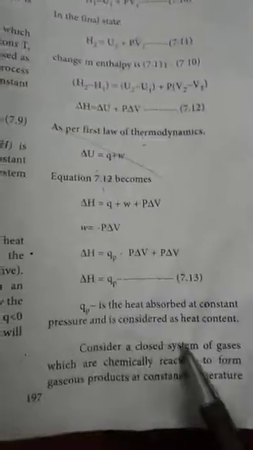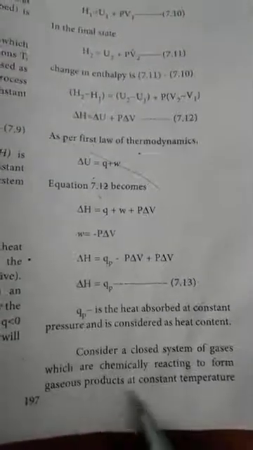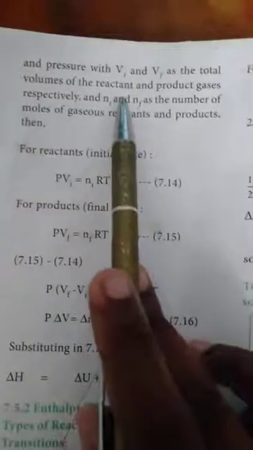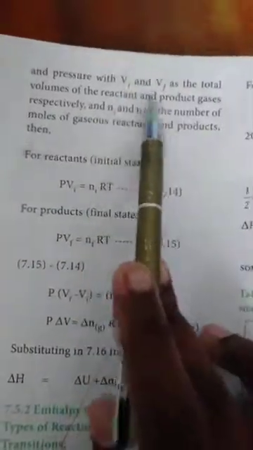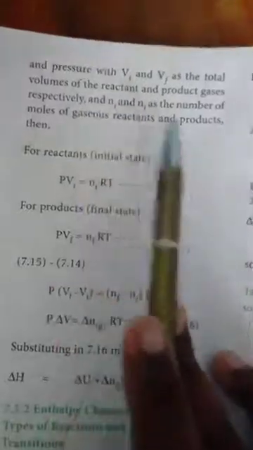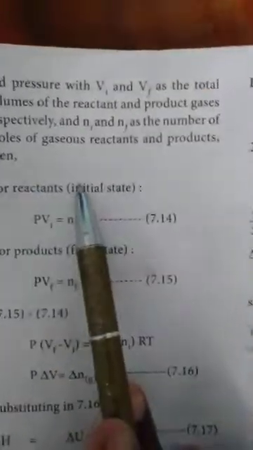Understand? Then next, consider a closed system of gases reacting to form gaseous products at constant temperature and constant pressure. They give Vi and Vf as the total volume of reactants and products, Ni and Nf as the number of moles of reactants and products.